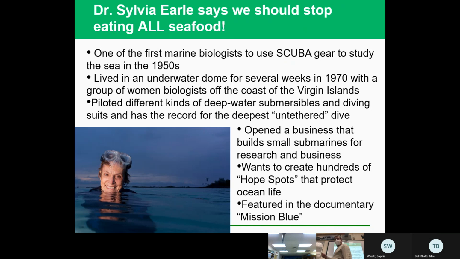And here's one of my heroes, Dr. Sylvia Earle. She was one of the first biologists to use scuba gear back in the 50s. In 1970, she lived in an underwater dome with a group of other women, underwater for like a month in this dome where they kept pressure on it. One of the dangers of scuba diving is gaining pressure and then releasing it over and over again.